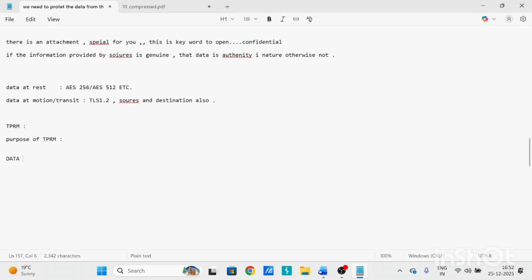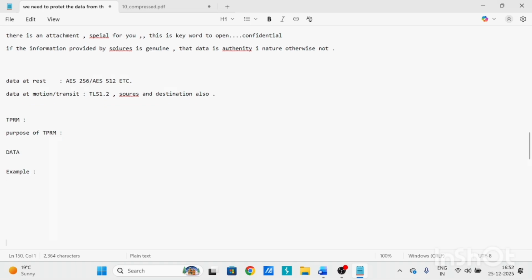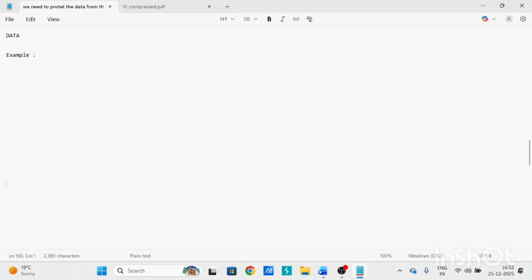But the question is why third party vendors are required. Let's discuss with an example here. There is a bank called XYZ Bank. You well know that banks deal with the processing of funds.